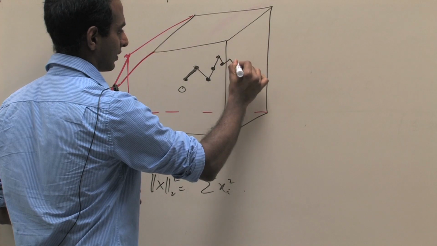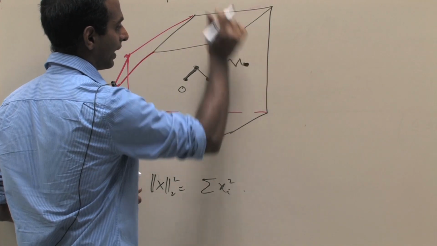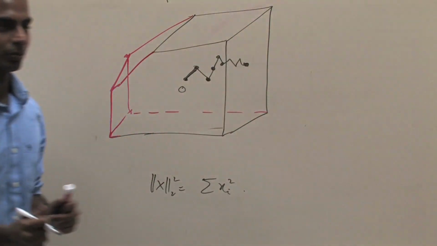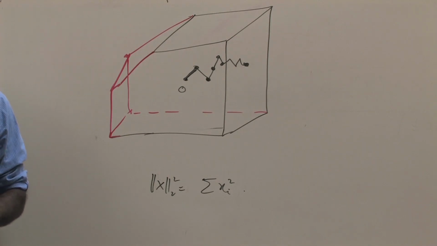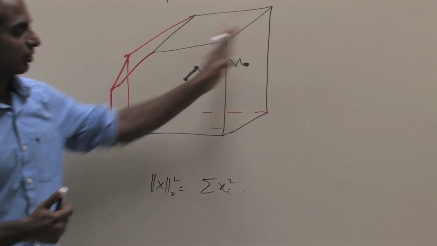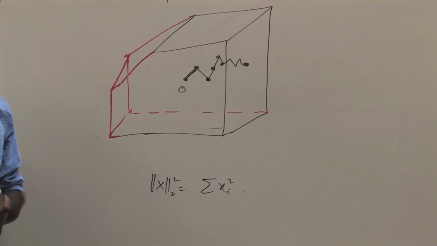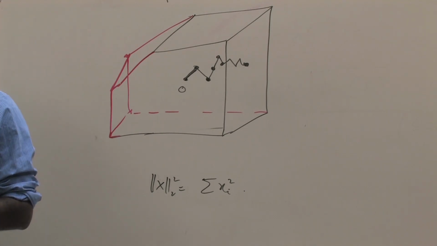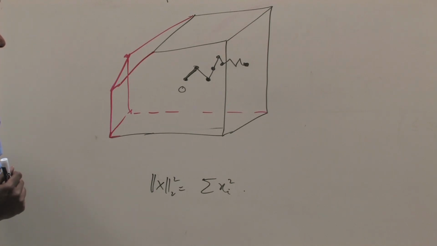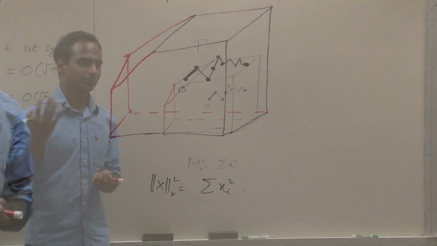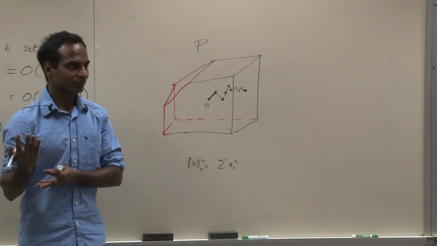I keep doing that until I hit the boundary of the polytope. Now I'm at the boundary, and I don't want to cross it because that's infeasible for us. My final point should be inside the polytope, but I still want to keep moving away from the origin. So what should I do?